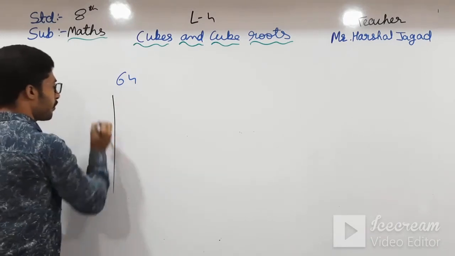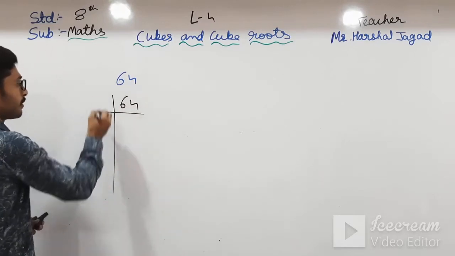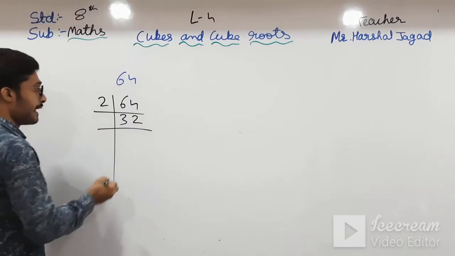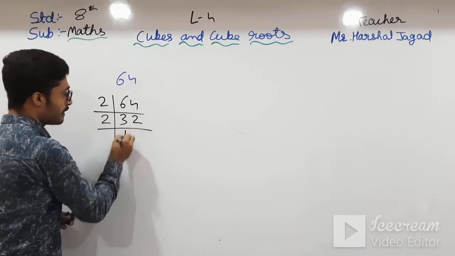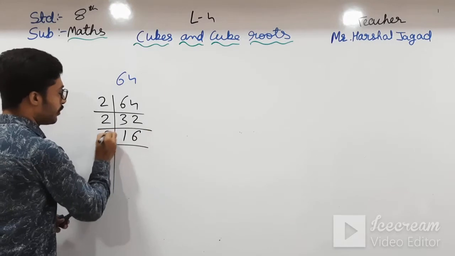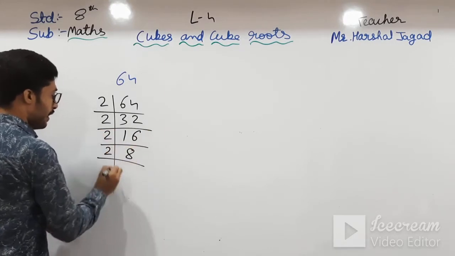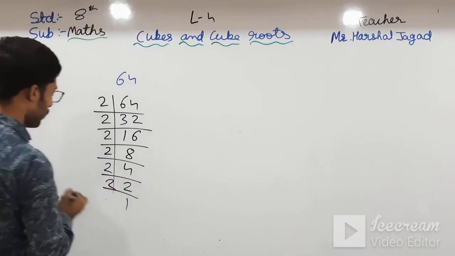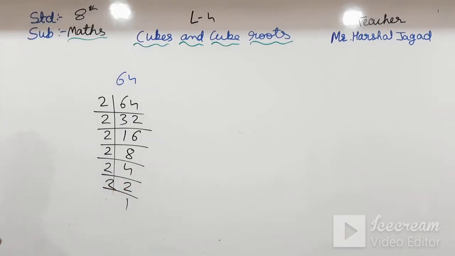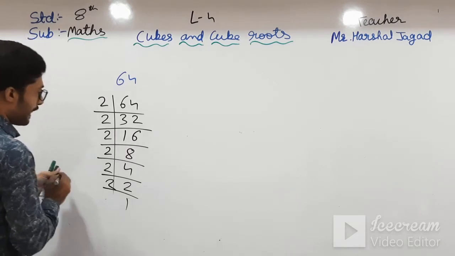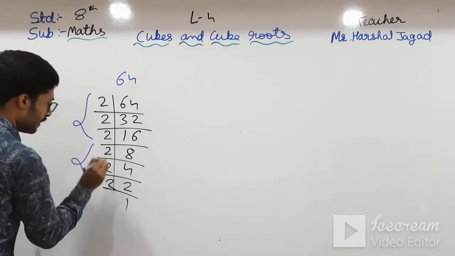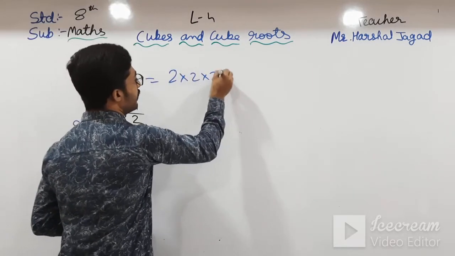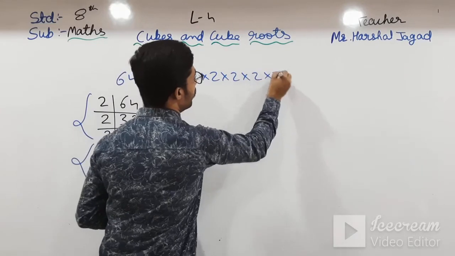First of all we have to find the factors of it. 2 3s are 6, 2 2s are 4, 2 1s are 2, 2 6s are 12, 2 8s are 16, 2 4s are 8, 2 2s are 4, 2 1s are 2. So the factors of 64 are how many times 2? 6 times 2. So the factors are 2 into 2 into 2 into 2 into 2 into 2.